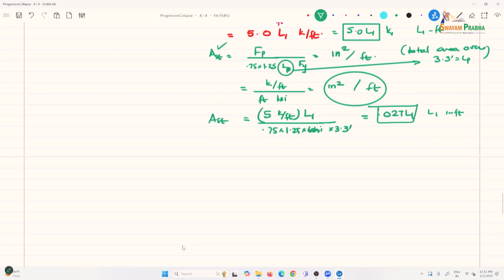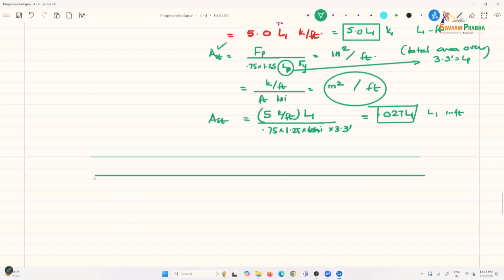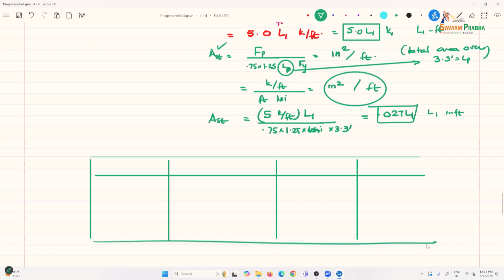So, you can have a little table drawn with four different values of L1: 15.7 feet, 8.8 feet. This is for the first two peripheries.